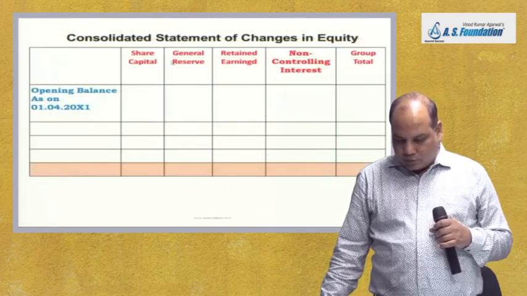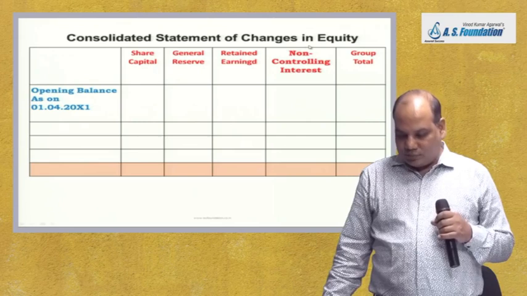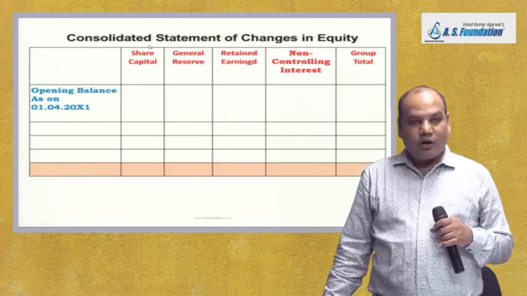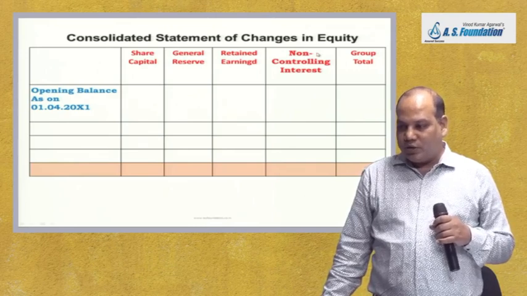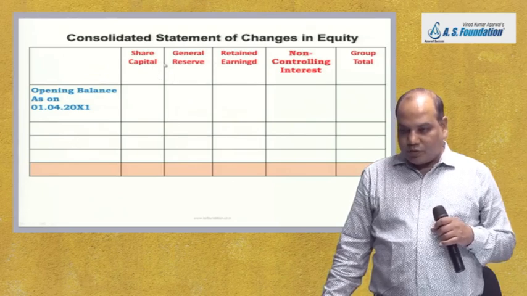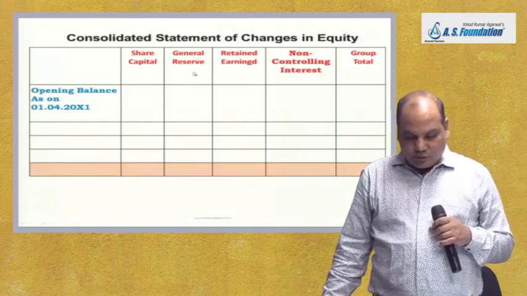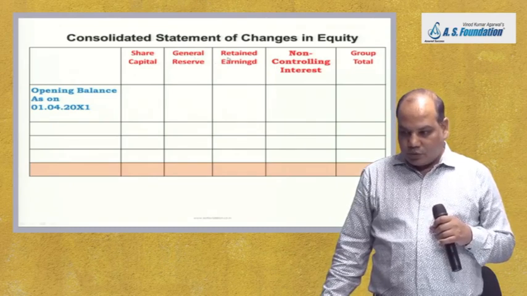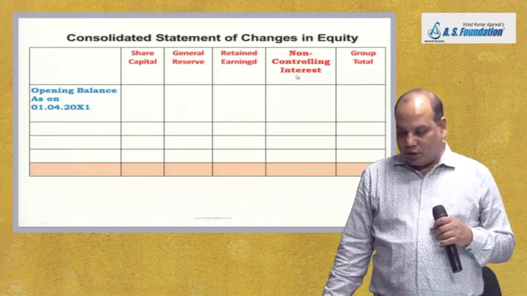Now write down below that one small format, consolidated statement of changes in equity. You can write consolidated SOCIE. Then draw this format: share capital, general reserve, retained earning, NCI, group total.